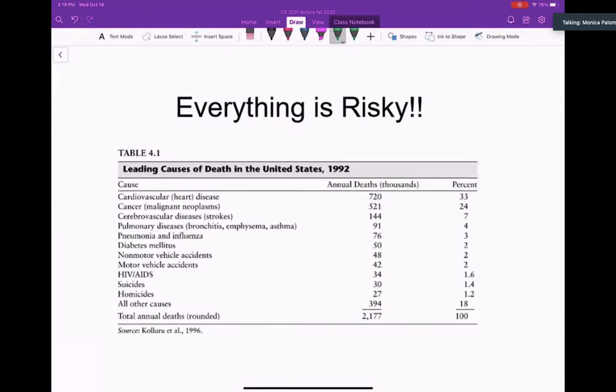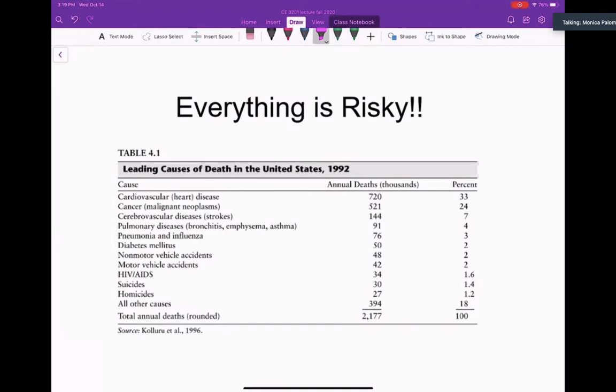And let's understand, this is very important. When we talk about risk, we are always talking about the health of people and the life of people. In environmental engineering, we're going to the bottom line: what is the risk in terms of keeping people safe? And it's going to be translated many times into lethal doses. So here we're looking into the causes of death. And yes, it's not very current.